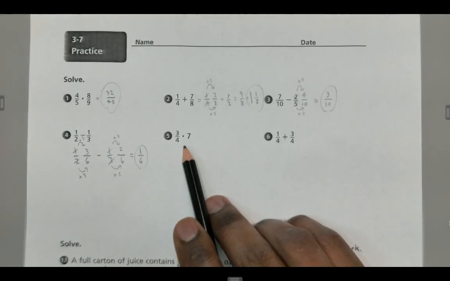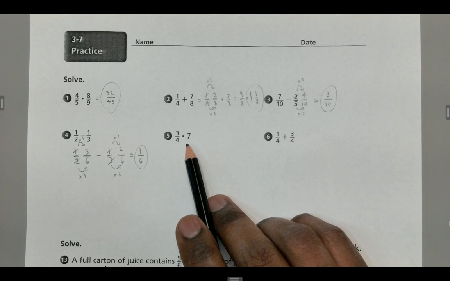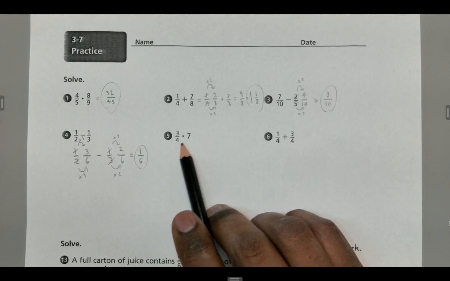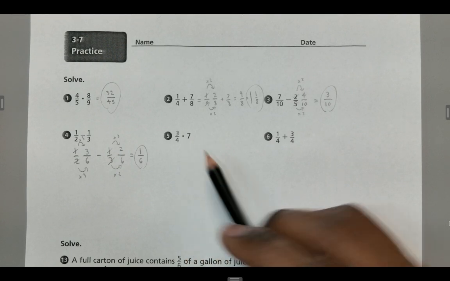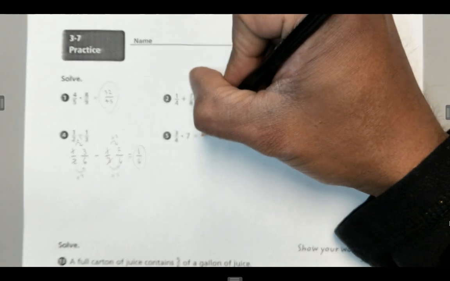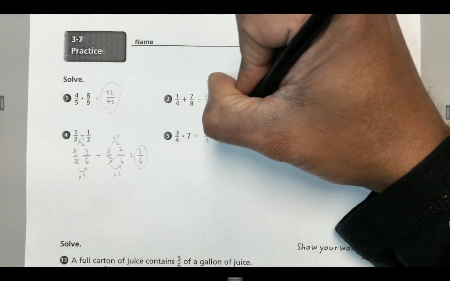Number 5, 3/4 multiplied by 7. This should be familiar. This is what we've been up to here in this Unit 3. When you're taking a fraction and multiplying it by a whole number, remember, just rewrite that whole number as itself over 1. So 3/4 multiplied by 7 over 1.